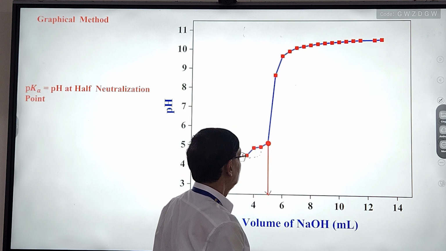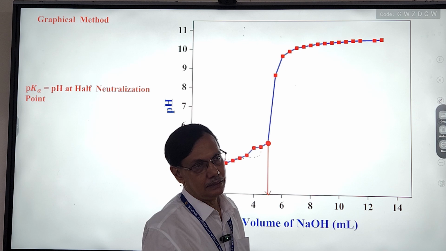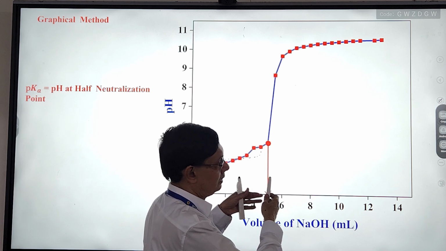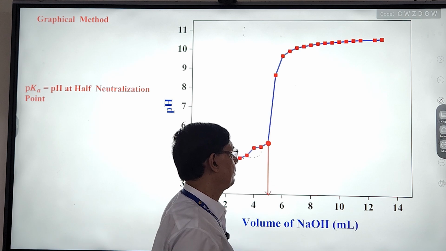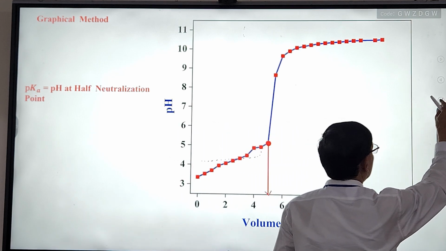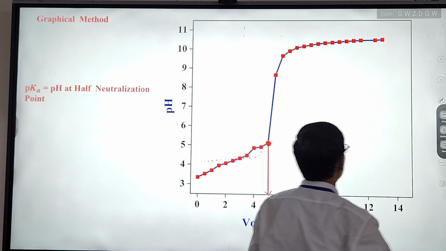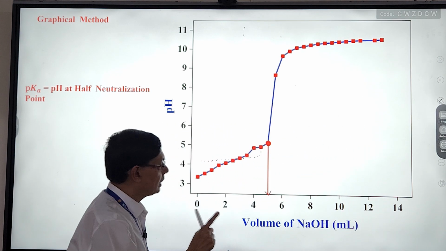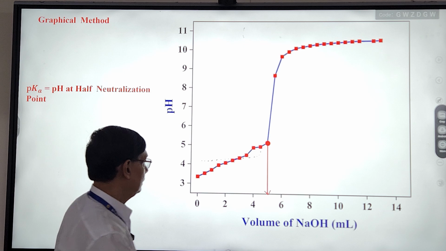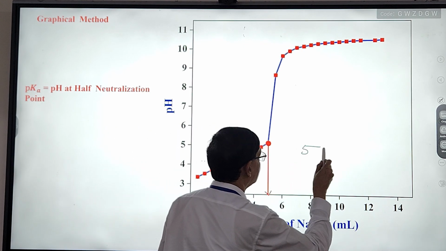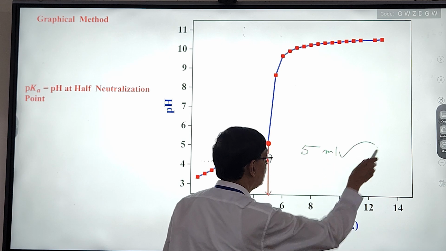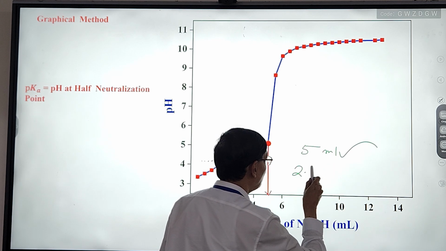I consider that the complete, full neutralization point, maybe 5.1 or like that. As I told you, at the half neutralization point, if 5 is the complete neutralization point, then half means 2.5.